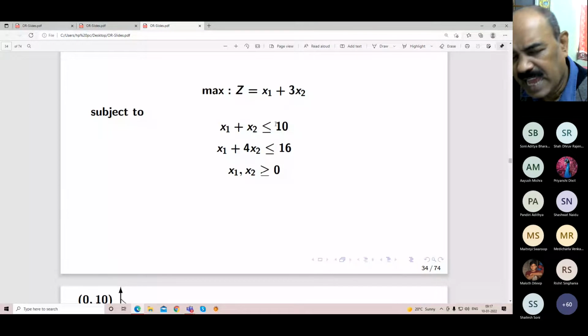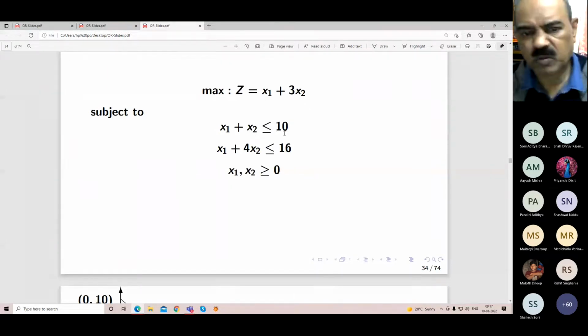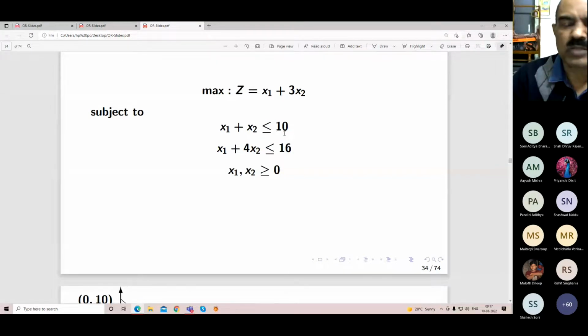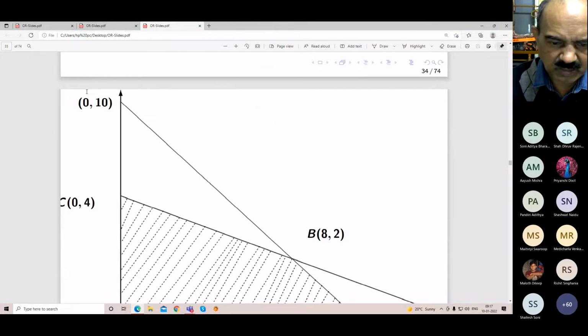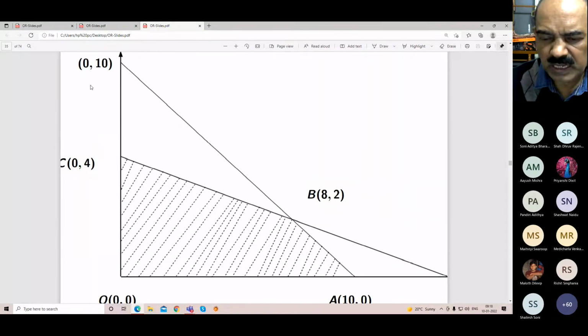If it is less than or equal to 10, it is a region. This region is below the line x1 plus x2 equal to 10, including the line, the entire region. All these points below the line satisfy x1 plus x2 less than or equal to 10.